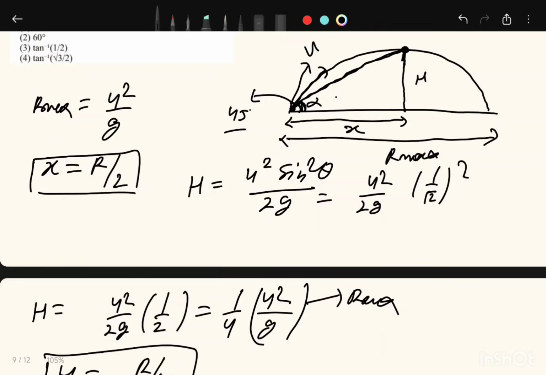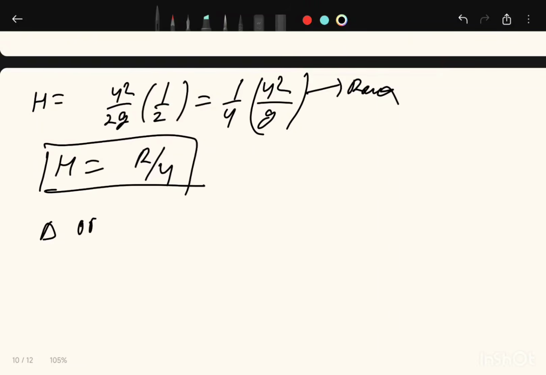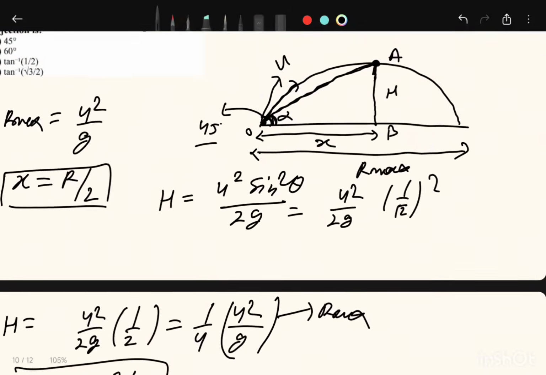So if I take tan alpha in this particular triangle, and I name it OAB, then tan alpha is equal to what? Perpendicular by base.